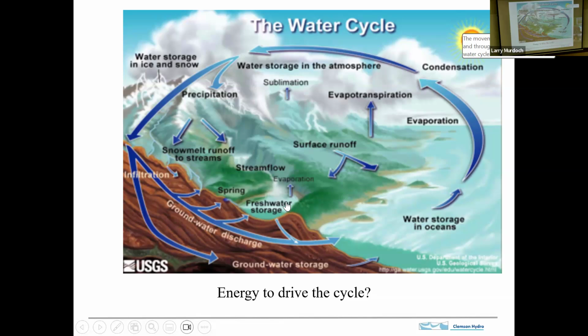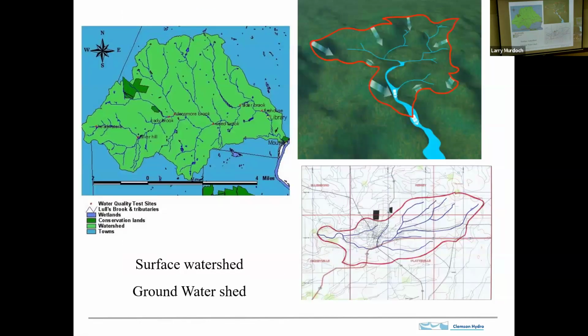Sometimes the groundwater is discharging to lakes, and in some places water goes from lakes back into the ground. We've got a variety of terms here, evapotranspiration, precipitation. Those will be some terms we'll look at in just a second.